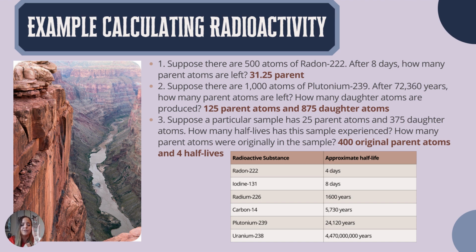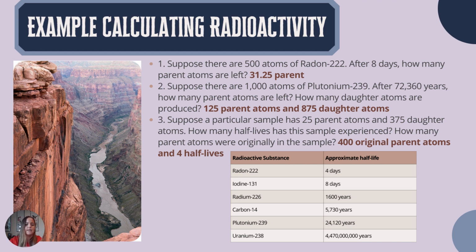And then 250 divided by 2 is 125, that's 3 half-lives. To figure out how many daughter atoms were produced, you just subtract 125 from 1,000, because you are not losing or gaining atoms. Your answer always has to equal the total number of atoms that were originally in the sample.